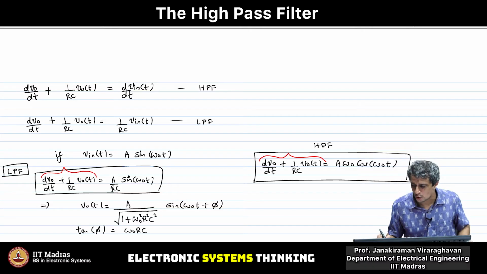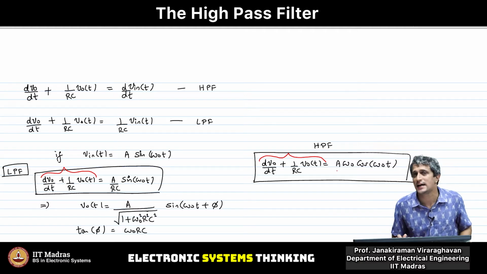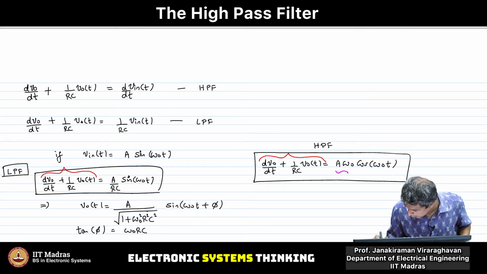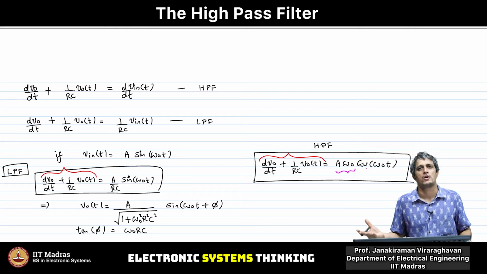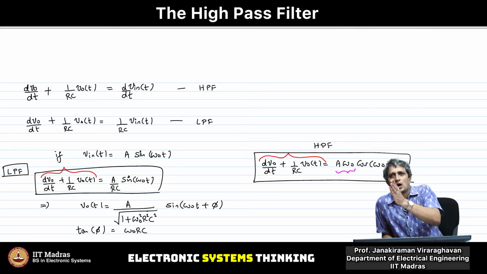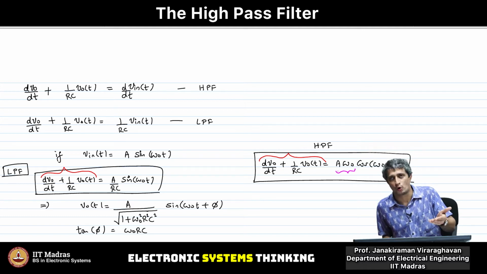So first of all, what you notice is on the right hand side, the input that we are giving is actually a omega naught cos omega naught t, right? Which means if the signal is of higher frequency, you are amplifying this by a higher value. Omega naught itself is higher and therefore you are amplifying this even more, right?